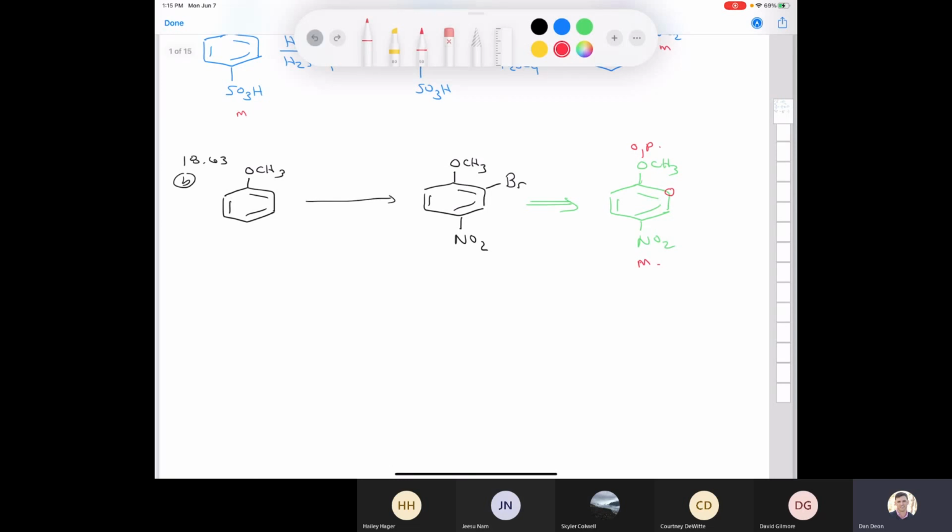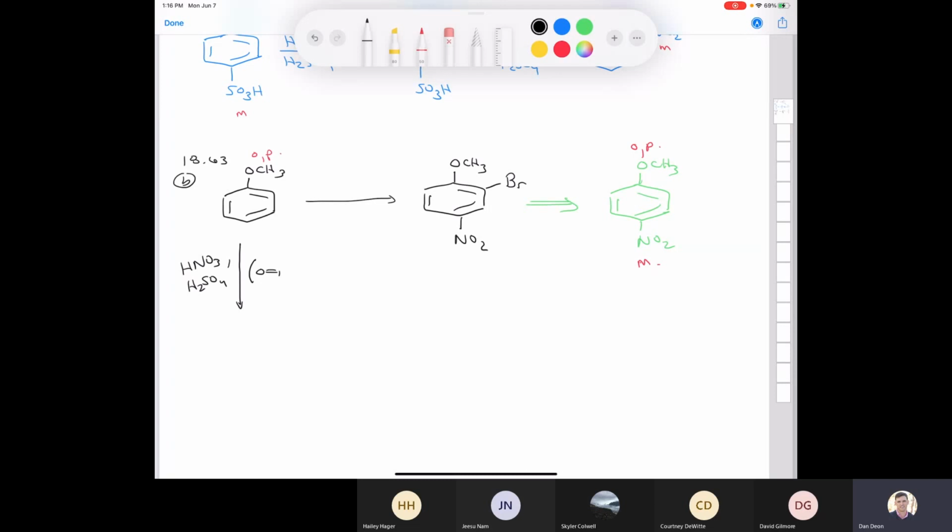So then the question becomes, how do I get from anisole to para-nitroanisole? The answer is we simply nitrate it, because this is already an ortho para director and the methoxy group is an activator. So we're going to treat this with nitric acid and sulfuric acid, and you should know that that forms the nitronium ion.